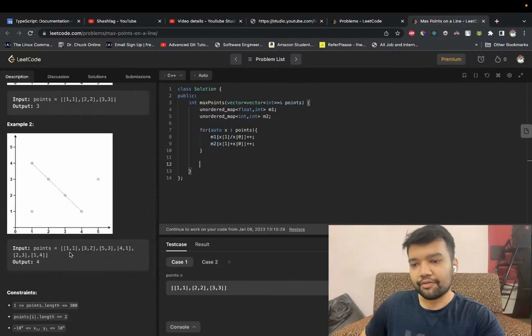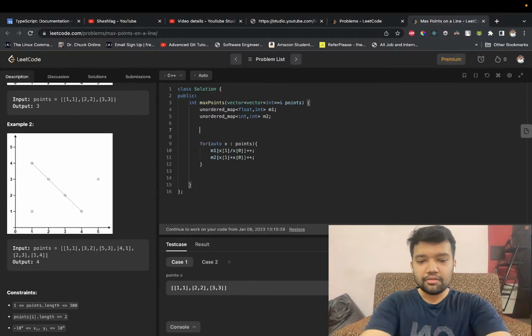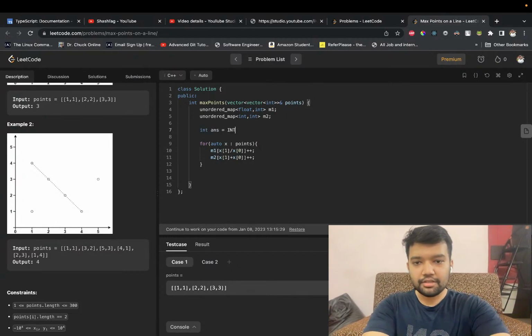And here it will be 1 equals 1, then 3, 5 equals 1, 8 equals 1, 5 equals 2, 5 equals 3, 5 equals 4. So now it's actually very easy.